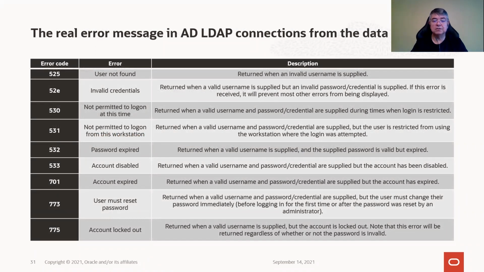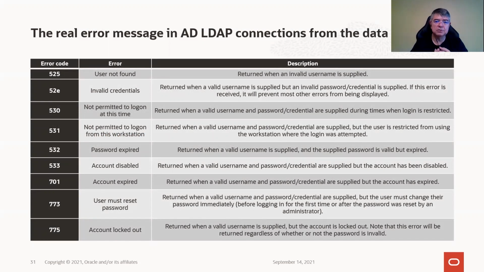I need to enable this account to proceed with that connection. I just picked the most common errors from the list. This list is huge. It has many other error codes, but these are the most common.